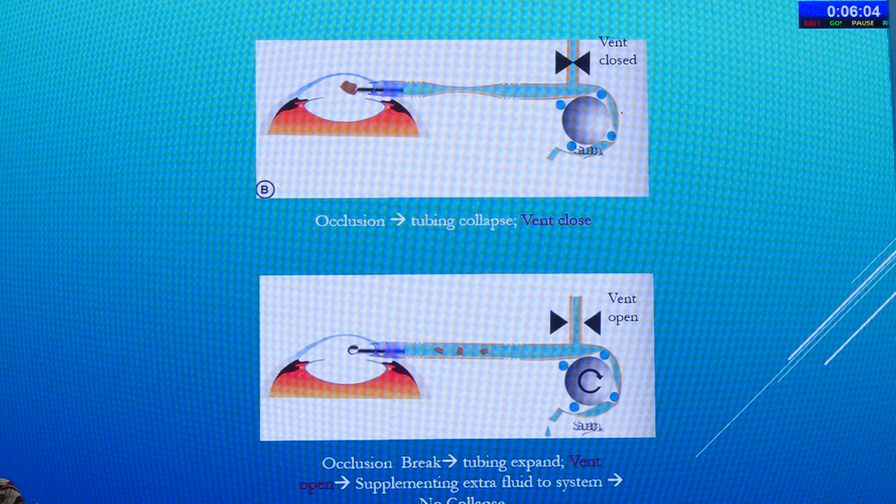So what this vent is doing is supplementing extra fluid to the system. There is a sensor in the machine, so when the occlusion happens, the machine senses it, and this valve will open itself and gush an extra amount of fluid. This extra fluid will take care, and there will be no collapse of the anterior chamber, so we will have minimal or no surge. So this is the process of venting which the machine uses to prevent surge.